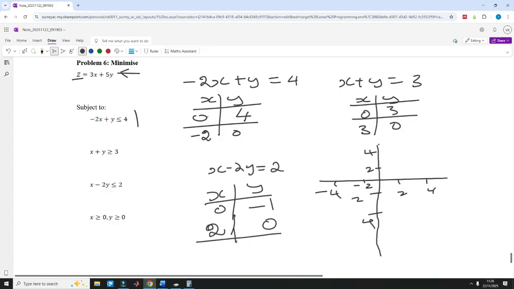That corresponds to these 2 points, isn't it? X is equal to 0, so y is equal to 4, and that corresponds to this point, 0, comma 4. And then minus 2, comma 0. So that corresponds to this line.